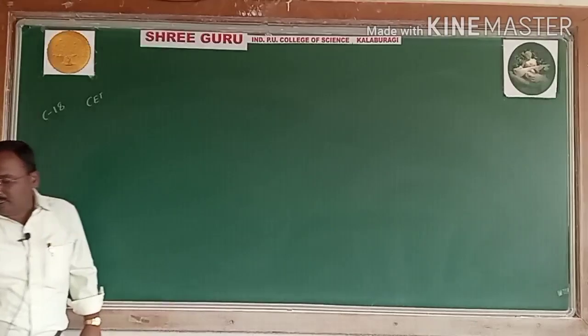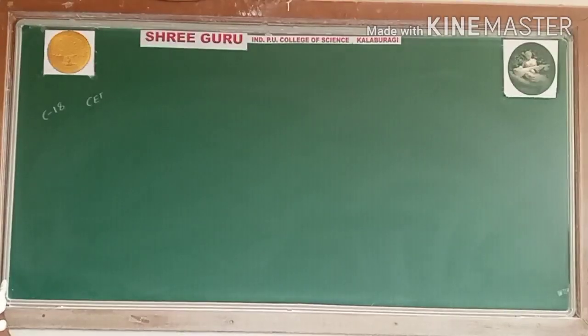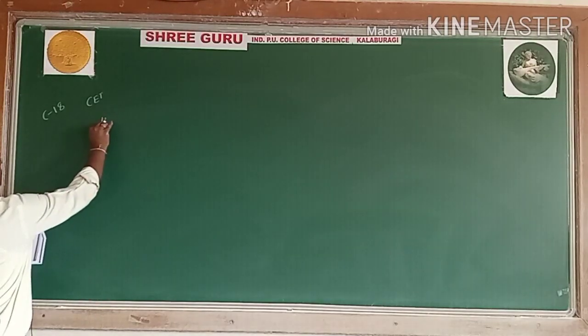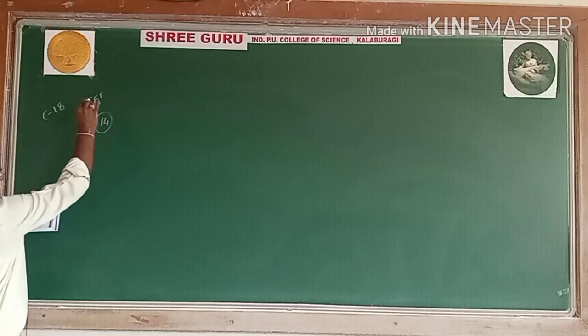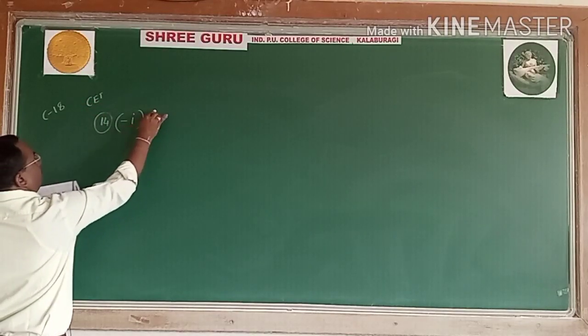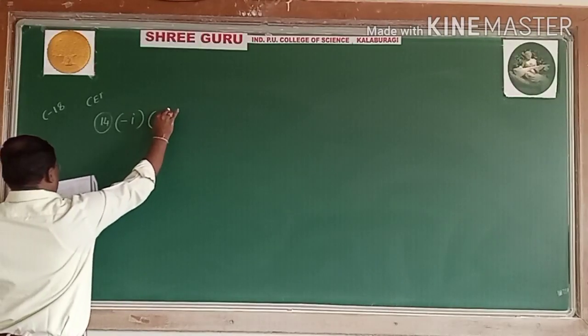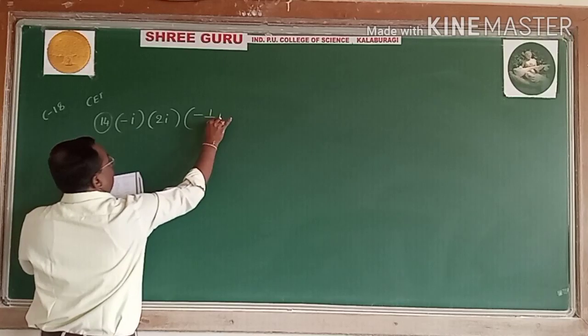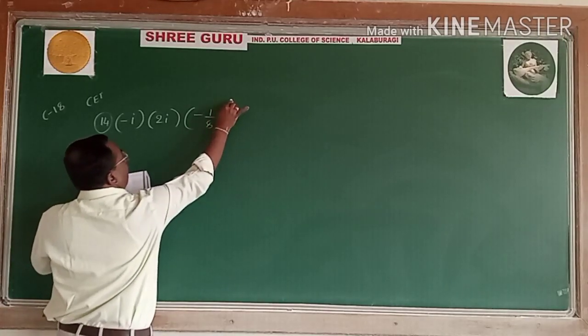Next, example number 14, that is (minus i by 2 minus 1 by 8 times i) whole cube.